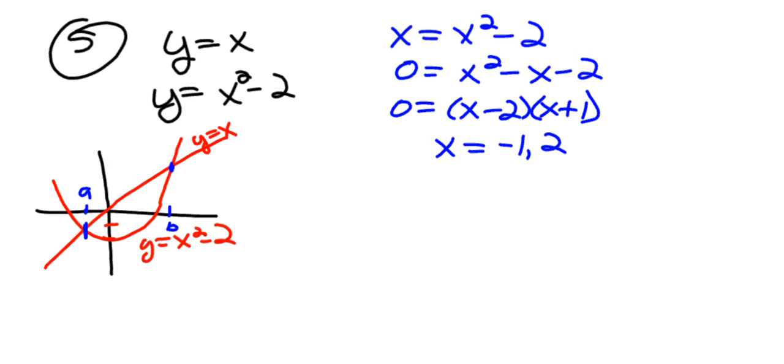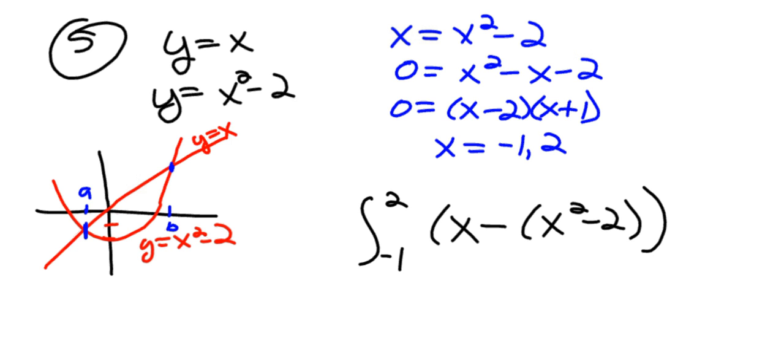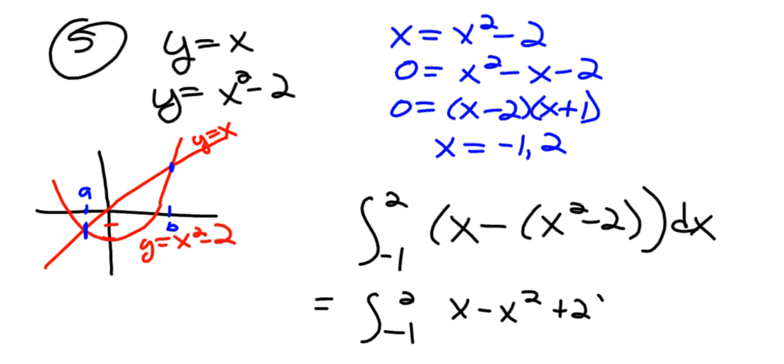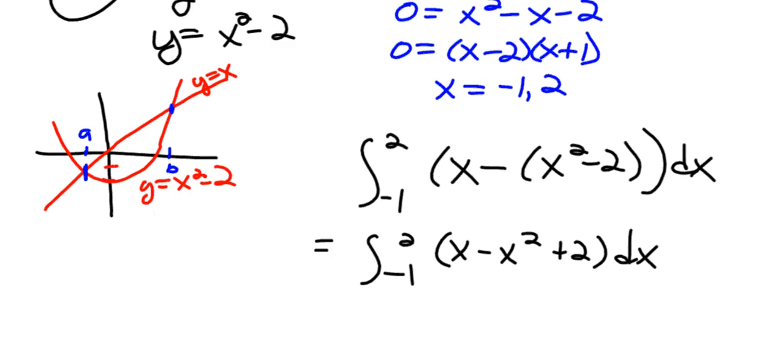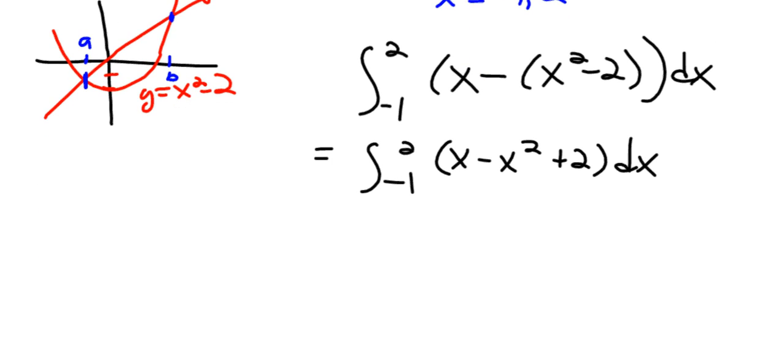Then setting up my integration from -1 to 2, I can see that my linear equation x is the upper function minus my lower function, dx. And if you wanted to, you can neaten this up and you get x minus x squared plus 2 dx. This is easy to integrate, and then you can go ahead and find the area from here.